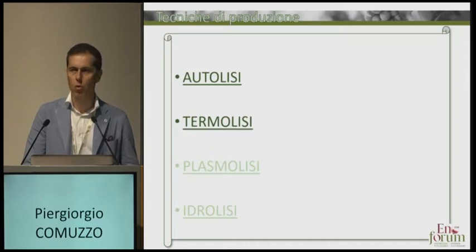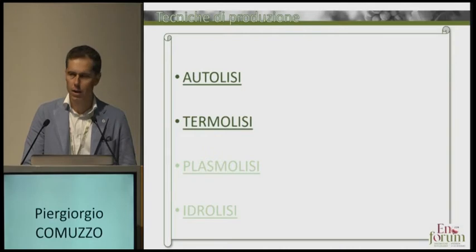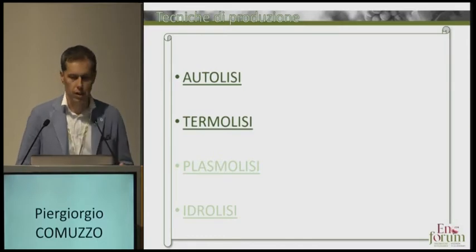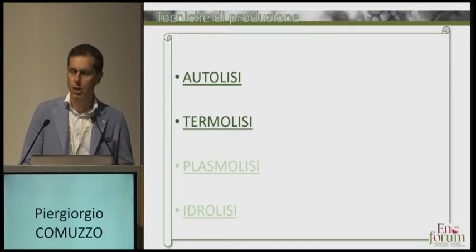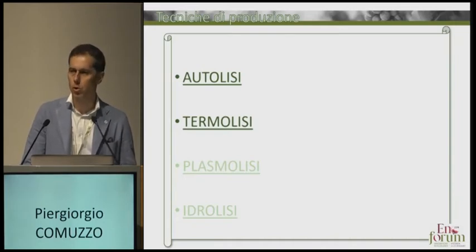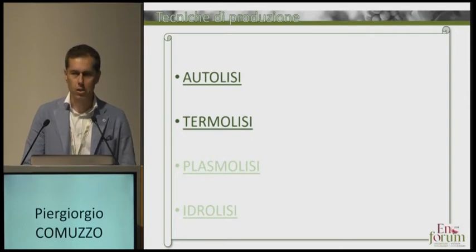In order to reduce autolysis, there are 4 techniques that are available. 2 of them prevail when it comes to obtaining derivatives for food. Sometimes you produce an osmotic shock on the cell, and these 2 methods are less used.